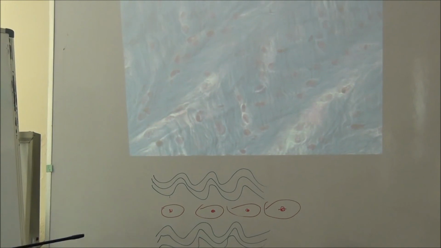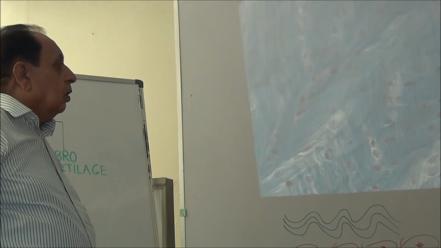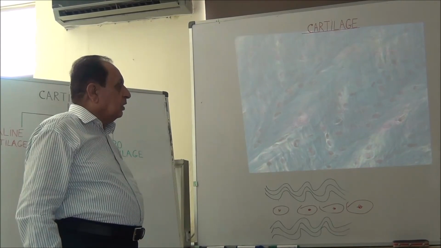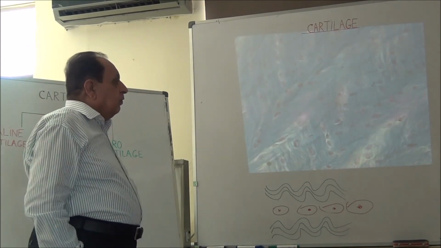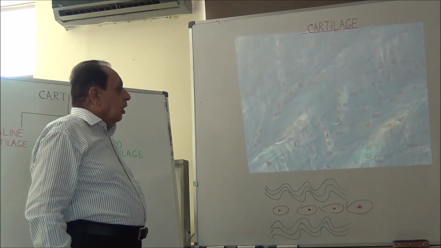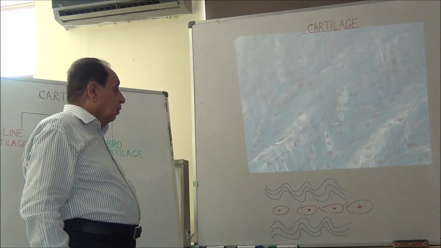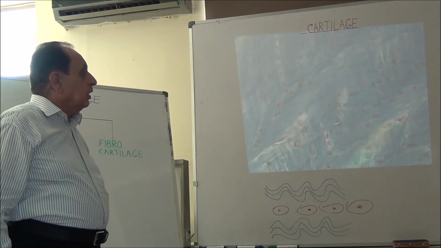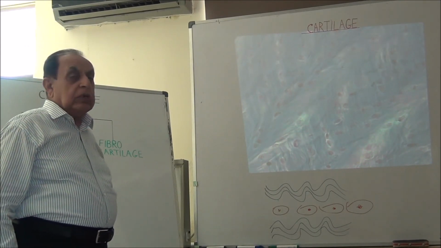For example, the intervertebral discs, the pubic symphysis, the ligament of the head of femur, and the cartilage of the glenoid cavity of the scapula. So, in these areas, the fibrocartilage is present. So, that is all about the cartilage.